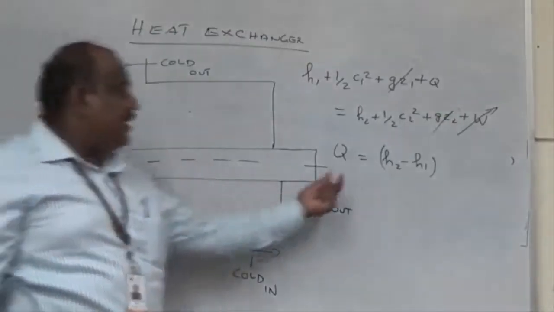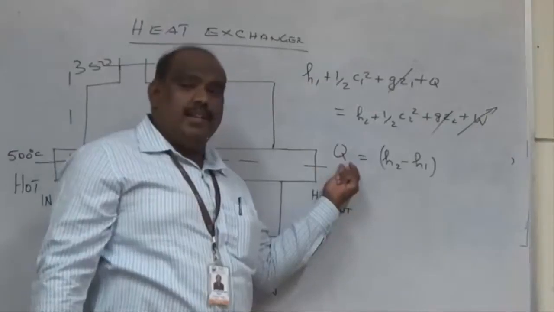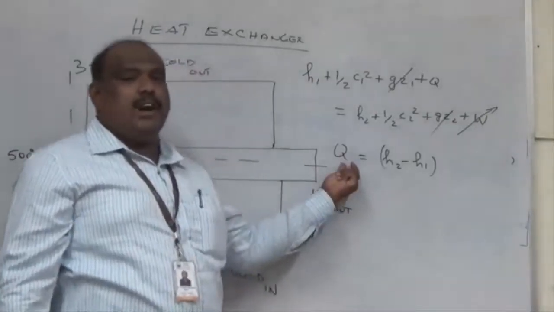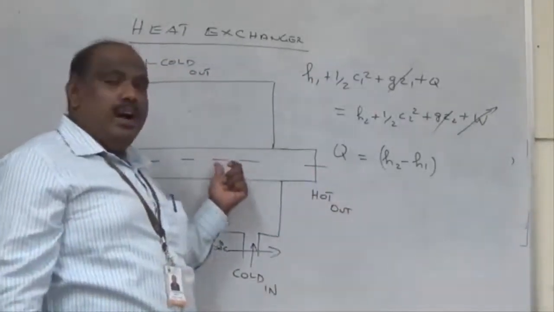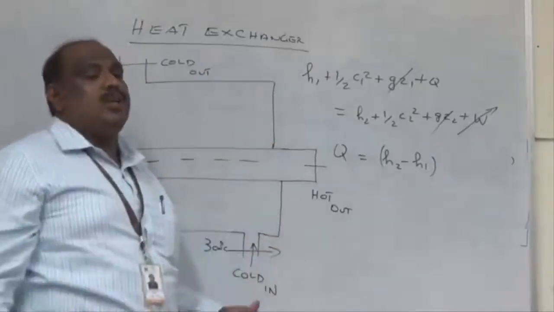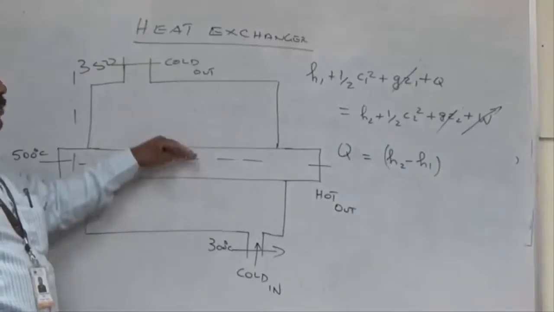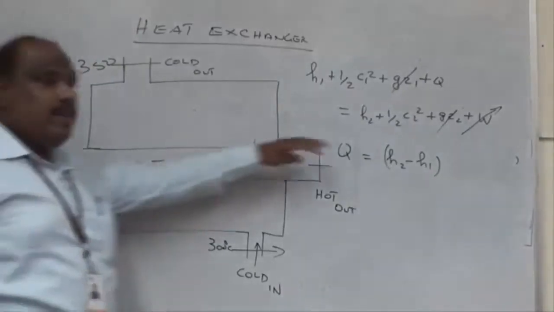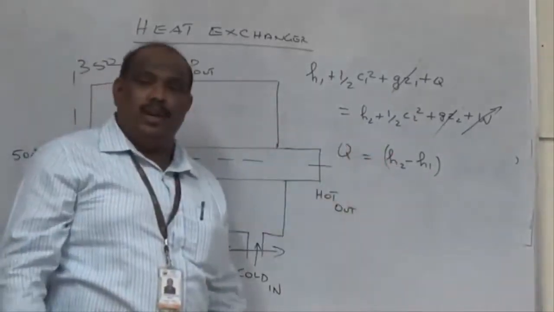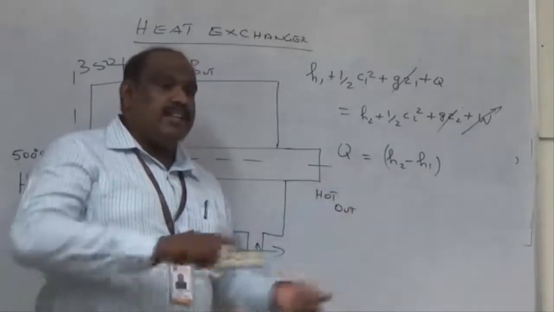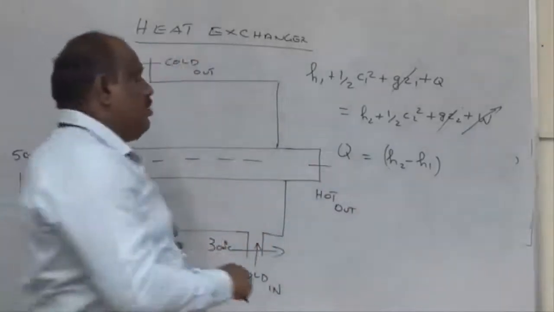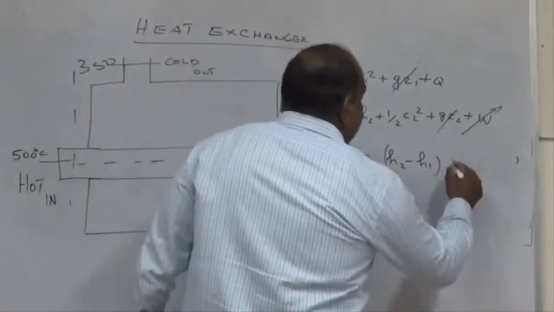That is the concept. So here heat transfer does not indicate a loss, but it indicates how much amount of heat is being transferred from the hot fluid to the cold fluid. Here also we assume there is no heat loss from the system to the surrounding, either from the hot fluid or from the cold fluid. Here also we assume that heat loss is zero. But here the Q represents the heat exchange between the two fluids. So you should be very careful and not confuse yourself.